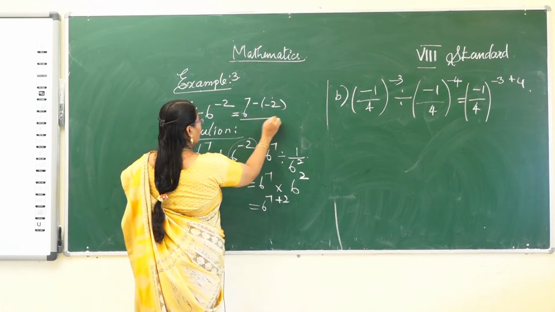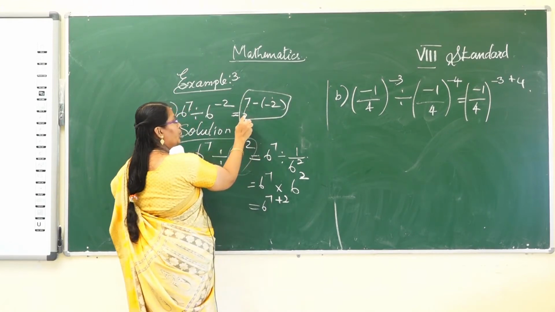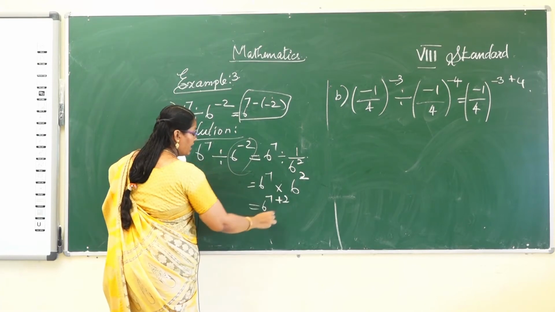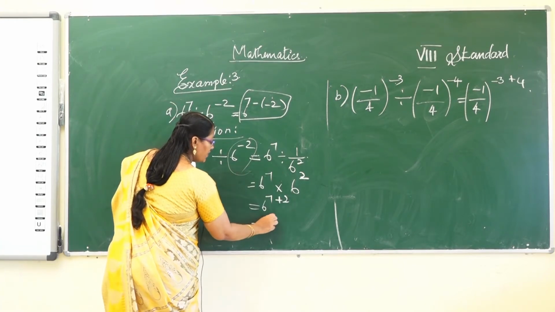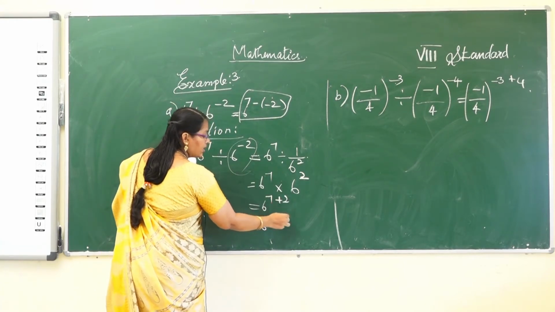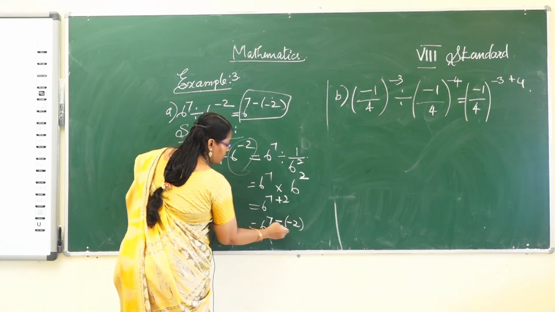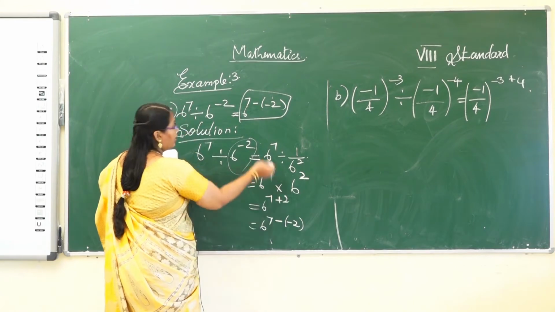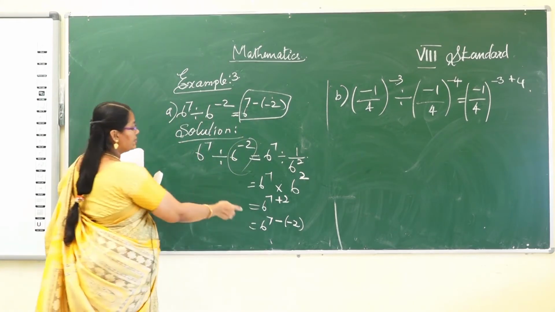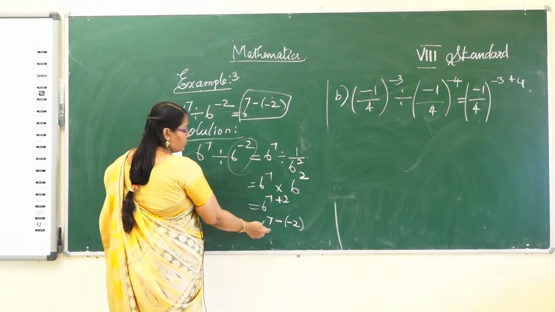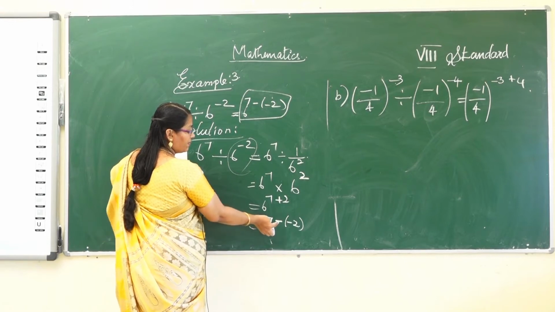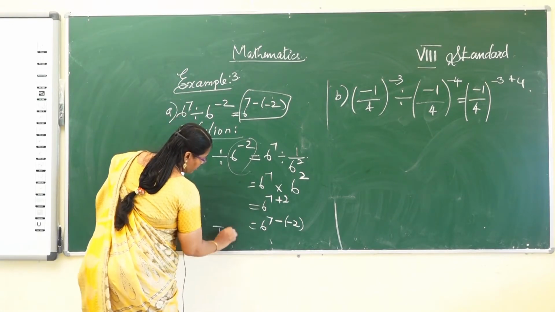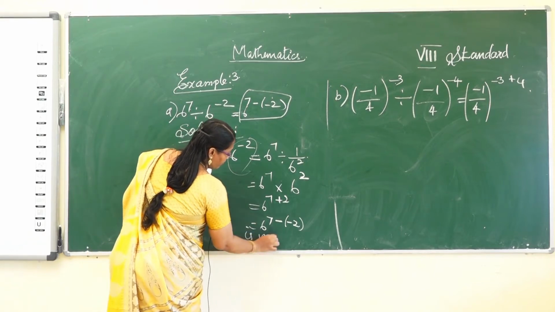We want to prove 6^(7-(-2)). Minus into minus becomes positive. So we have proved the result in this method. It is verified.